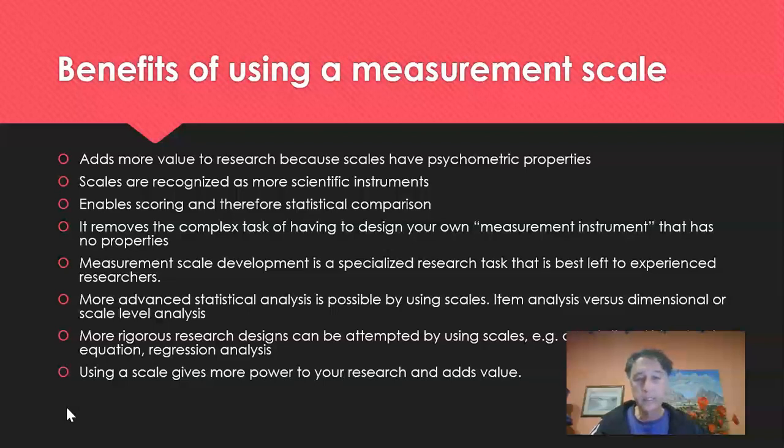Just like the ruler has specific lines here that indicate millimeters or centimeters and are universally accepted, we find that measurement scales in research are a lot more useful because of their psychometric properties. And I will explain what these psychometric properties are.